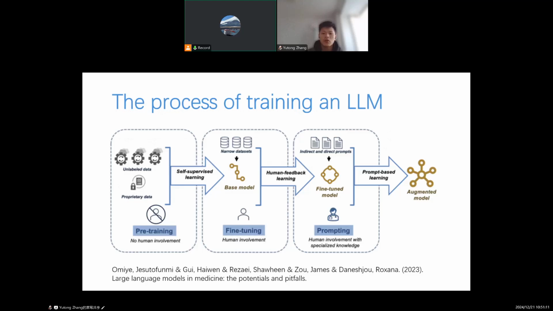So let's review the process of training an LLM, and we'll see why it's important to have the alignment process in LLM training. From this diagram, we can see that the training phase mainly consists of three parts: pre-training, fine-tuning, and prompting, right?